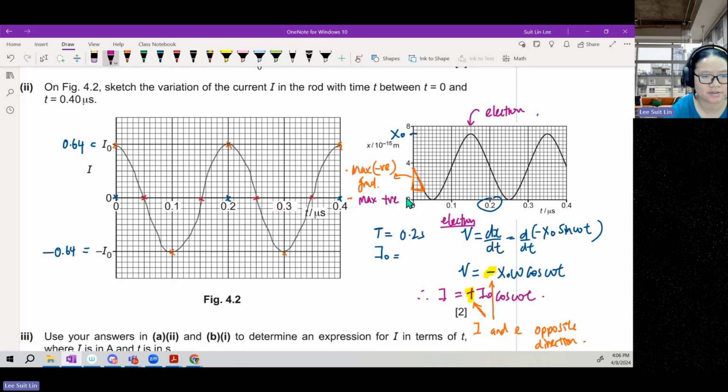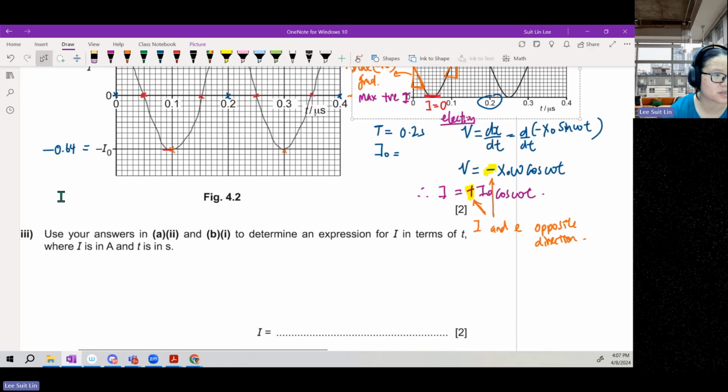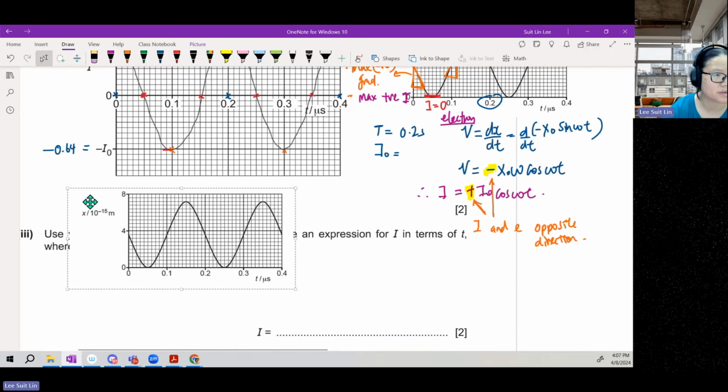Maximum positive I. And then at this point, I will be equal to 0 because there is no gradient. Then here, this point, which is 0.1, the reverse holds: maximum positive gradient, maximum negative value. So I guess maybe, hang on, I'll just put this underneath.